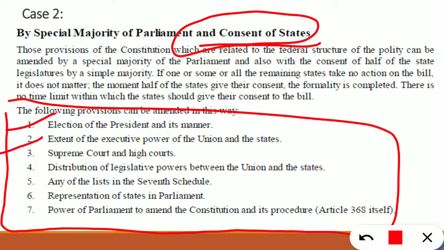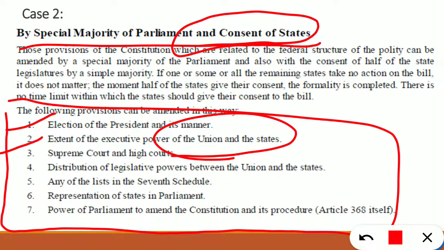Now, extent of the executive power of the union and states: to change that, there is Schedule 7 which states the lists of several subjects for state and center and concurrent subjects. To change that, this majority is needed.